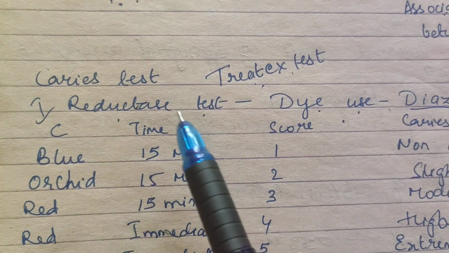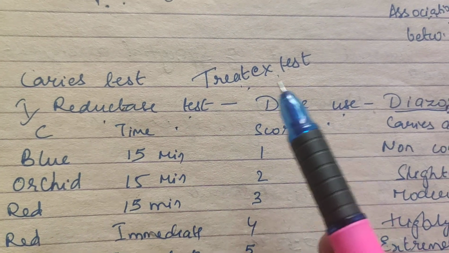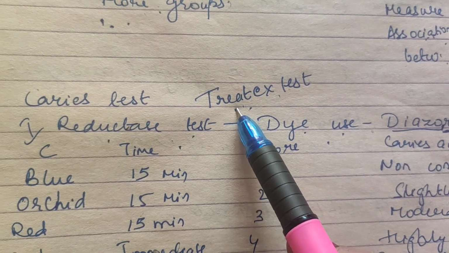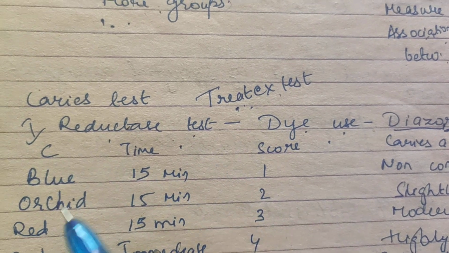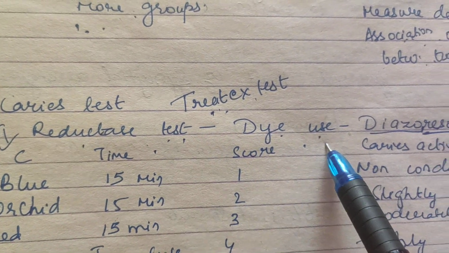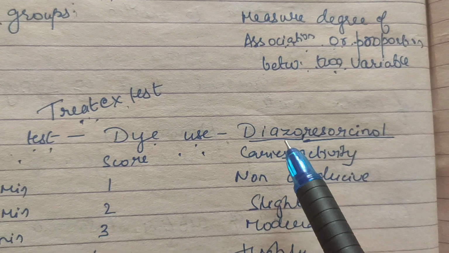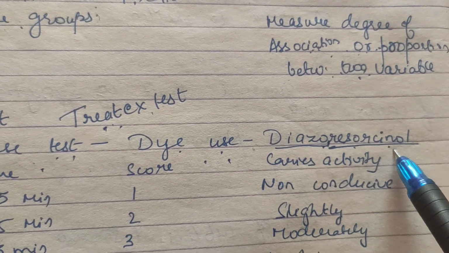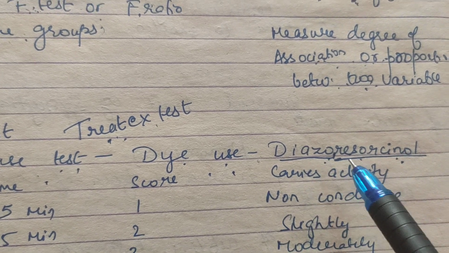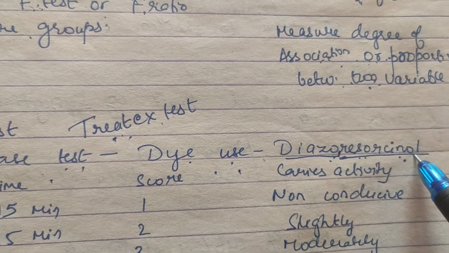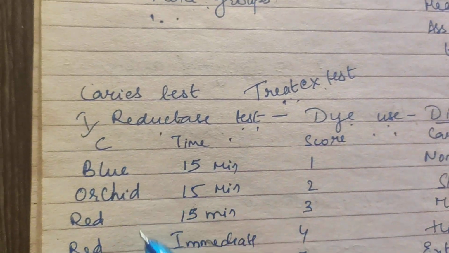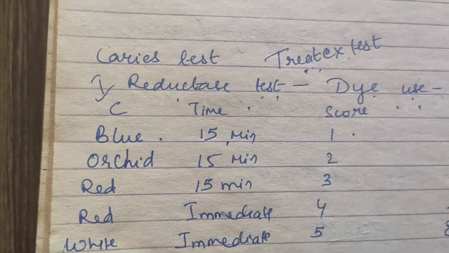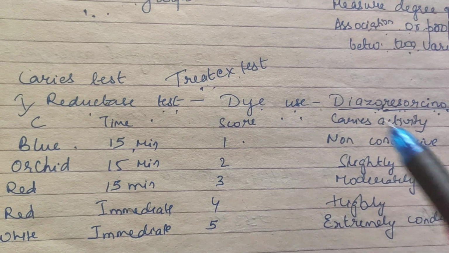Next is the reductase test. They can ask about another name, which is the Tetrazolium test. One more question is about the dye used as an indicator, which is diazoresorcinol. It is a difficult name. Diazoresorcinol is an indicator dye, and the color changes are: blue within 15 minutes, score 1, non-conducive.